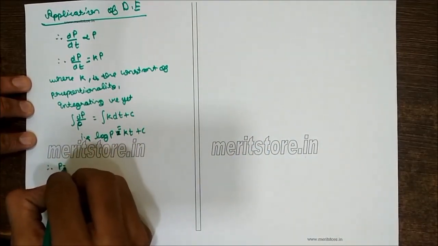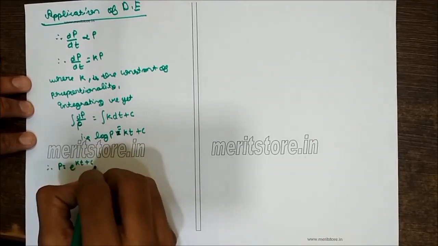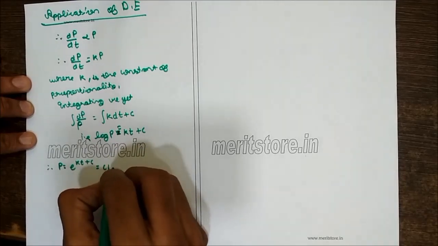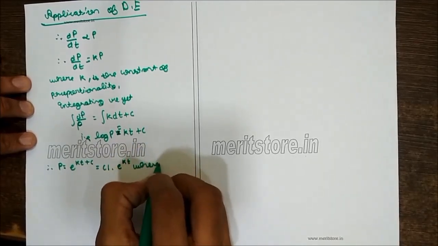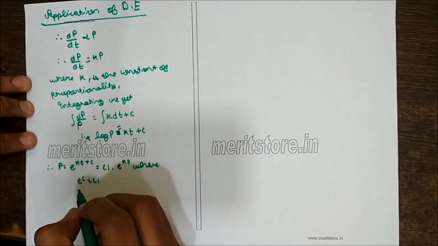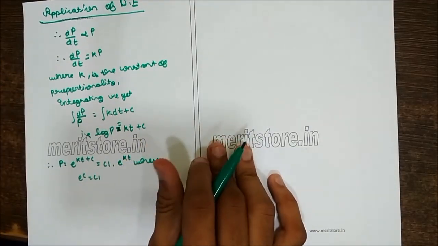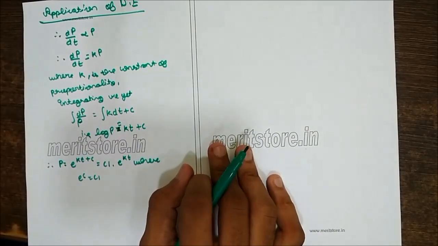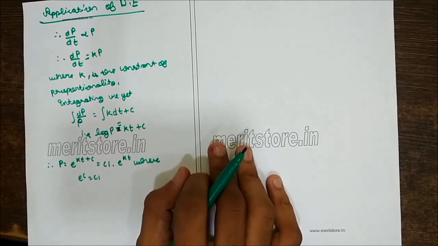Therefore P is equal to e raised to (kt plus c) is equal to c1 times e raised to kt, where e raised to c is equal to c1, which gives the population at any time t. The other type of sum which can come from this part of the chapter is radioactive decay. The rate of disintegration of a radioactive substance is always proportional to the amount present at that time.